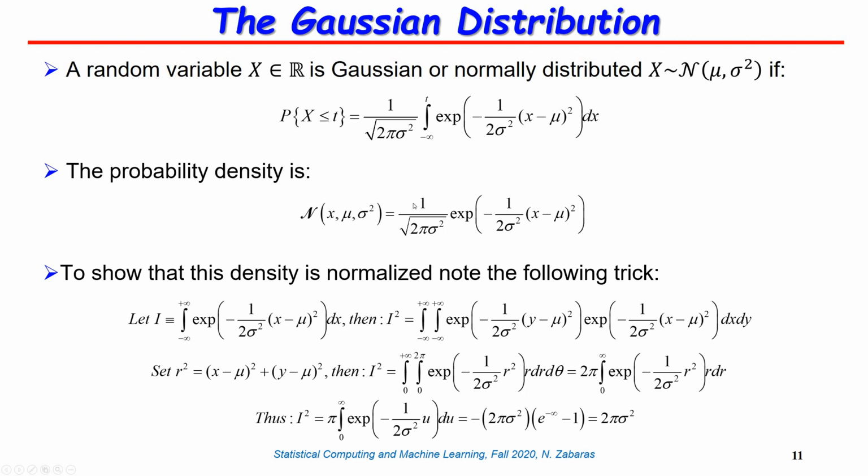So immediately you can see where this normalization factor came from. Okay, so again, you may want to spend 1 or 2 minutes to see this little calculation that verifies that the univariate Gaussian is normalized.